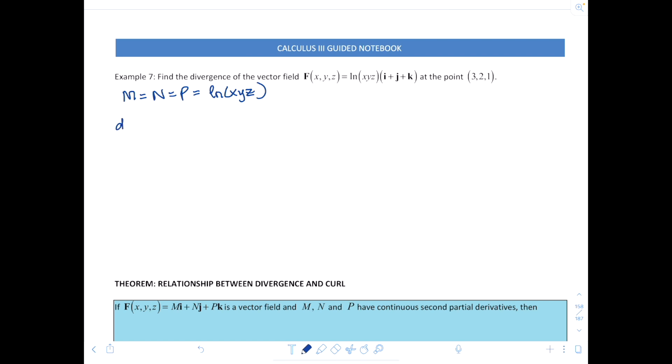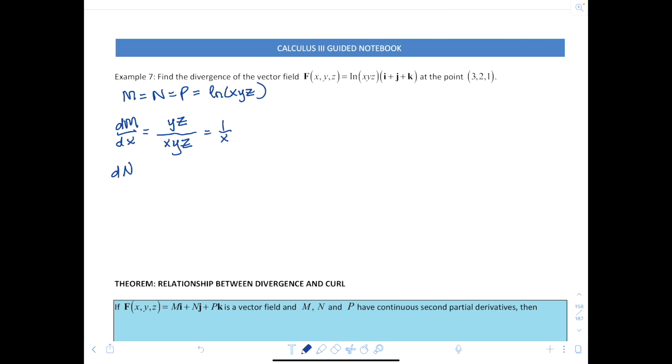So dm dx will be equal to yz over xyz, which will be 1 over x.